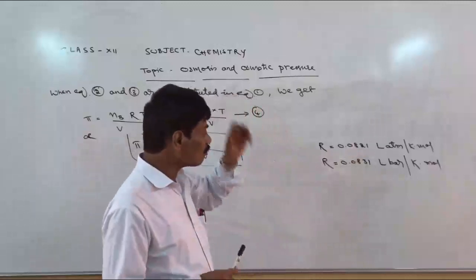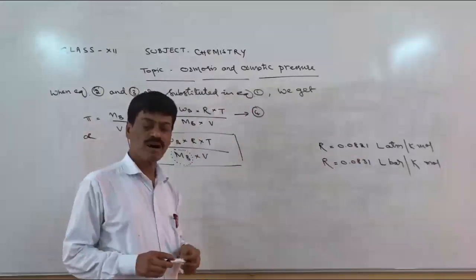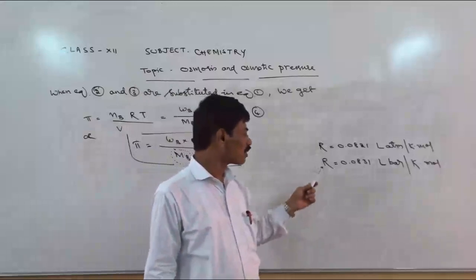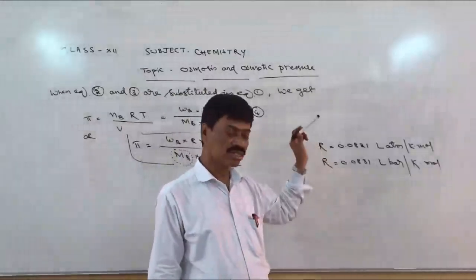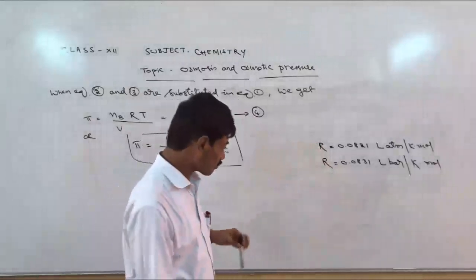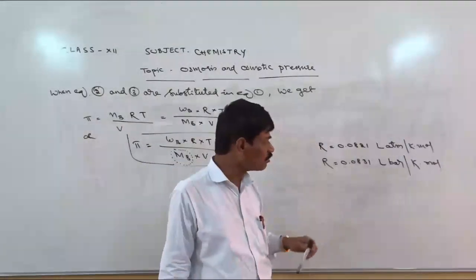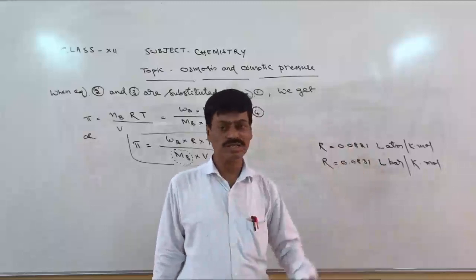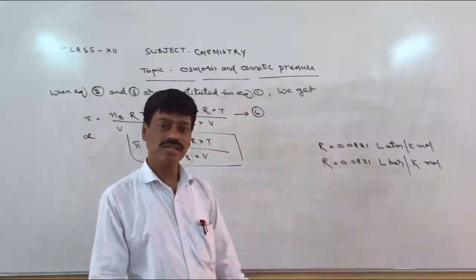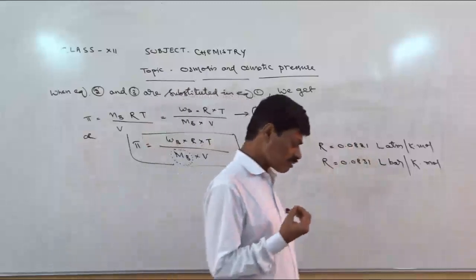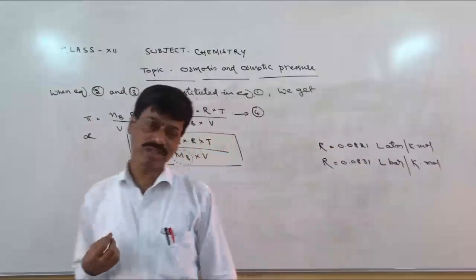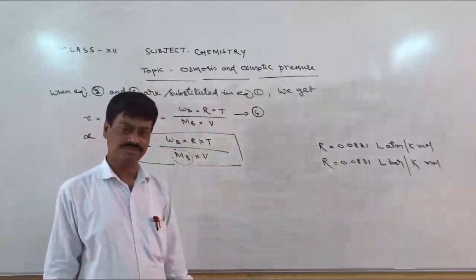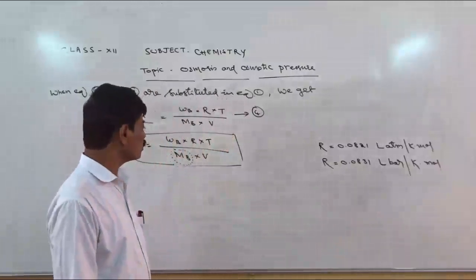And if the pressure value is given in terms of bar, then we have to go for the second value, that is 0.0831. Second point. In both these values, volume is given in liters only. Therefore, in the numerical, if volume is given in milliliters, ml, it should be converted into liters. This is what you need to remember.